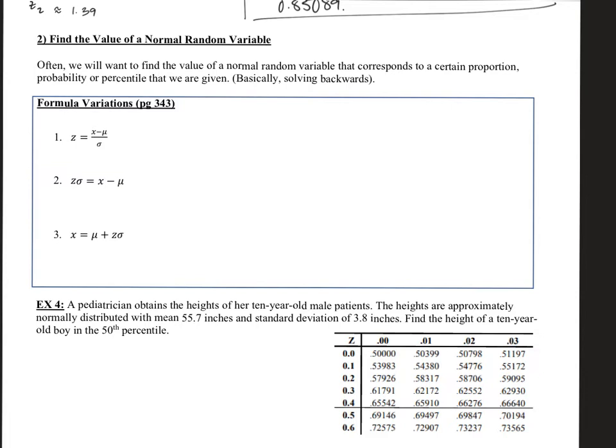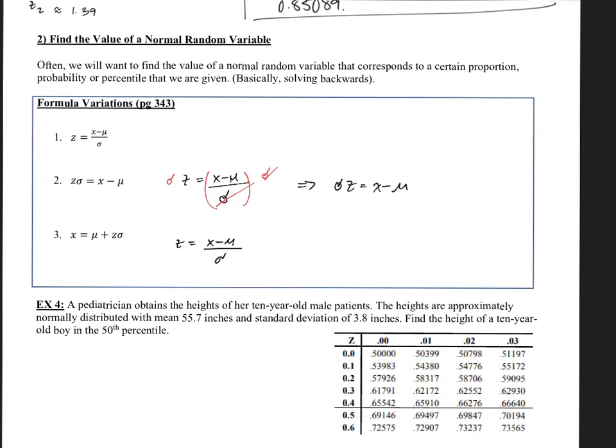So for 2, we'll start with the formula we originally had, which is z equals x minus mu over sigma. And we want to solve for x. If we multiply both sides by sigma, we'll end up with sigma z equals x minus mu, which is the formula we have there. Again, we could manipulate the first equation to find the other equation here.